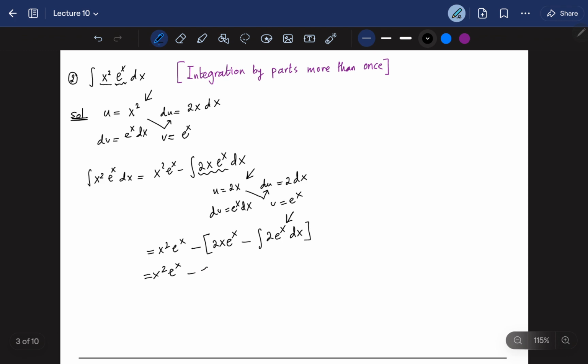If we distribute the negative, plus c. Okay, you might be wondering why when I integrate from dv to v, I'm not putting plus c here, even though it's an indefinite integral. So the reason why I don't write plus c is because, obviously, the correct thing is always to write plus c when you're doing indefinite integrals.